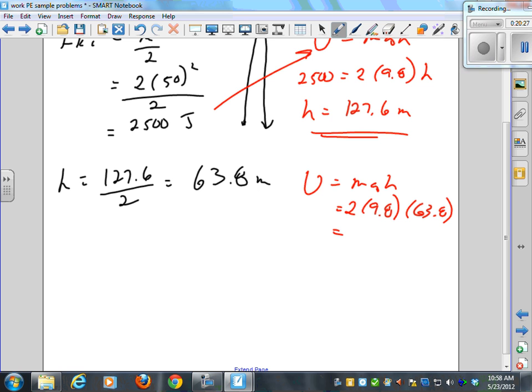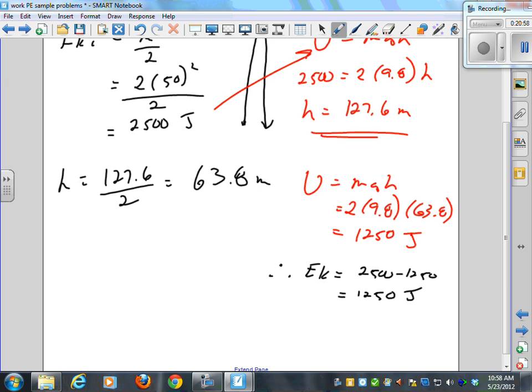It's 1250. Therefore the kinetic must also be 1250. I'll show it just for the sake of completeness, but I think we all know that it's also 1250. So that's sort of intuitive. That makes sense.